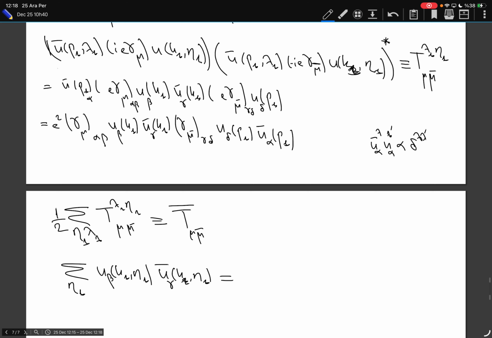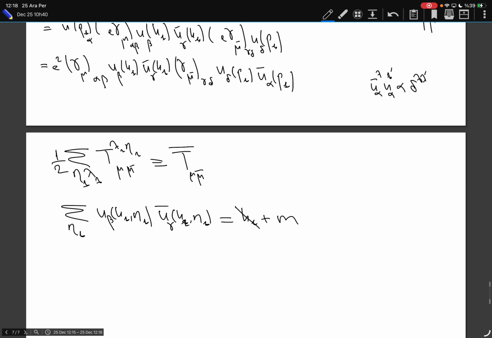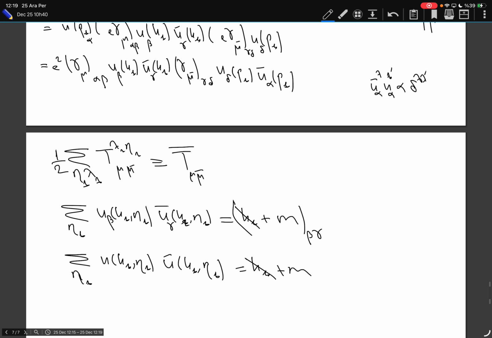This is K1 slash plus M. Or, if you remove the gamma element, the sum over polarizations of u K1 eta 1, u bar K1 eta 1 is equal to K1 slash plus M. Now, how to see that?